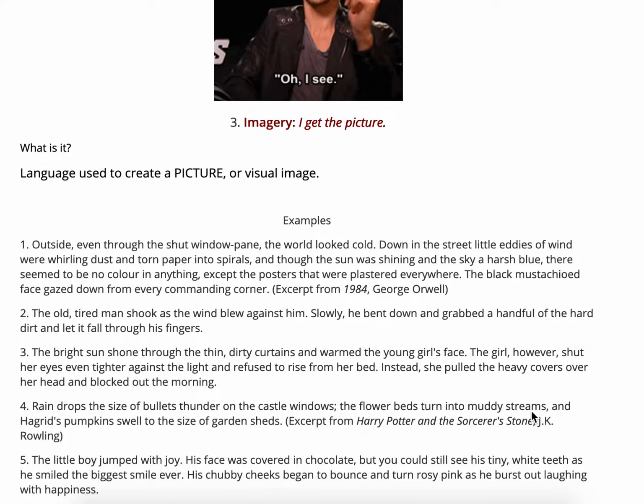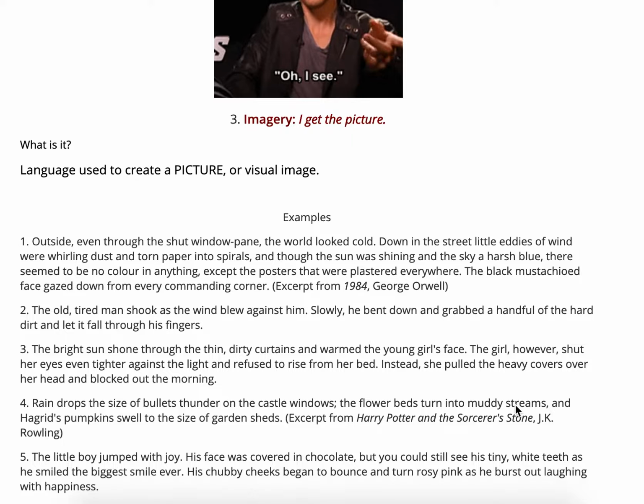That means the pumpkins are becoming waterlogged, right? They're soaking up that water and they're getting big. And it's using a metaphor, right? It's comparing the pumpkins to a garden shed, and we know that garden sheds tend to be big. So these are some big pumpkins. That's a lot of rain and everything is water soaked. Okay, so that's the image it's painting for you.